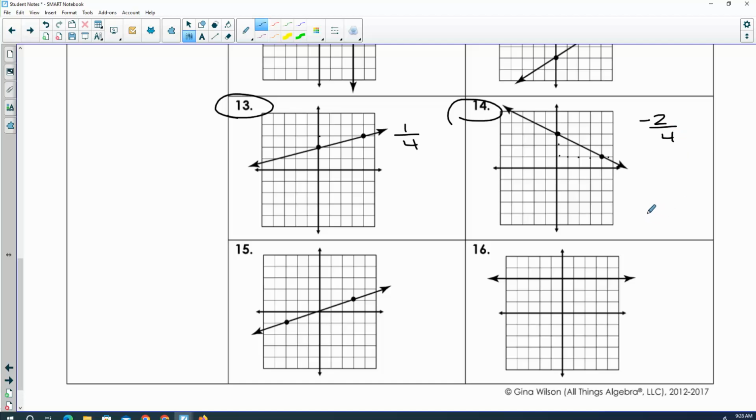Can 2/4 reduce? Yeah. You just have to divide them both by 2. So 2 divided by 2 is 1. 4 divided by 2 is 2, so that's -1/2.